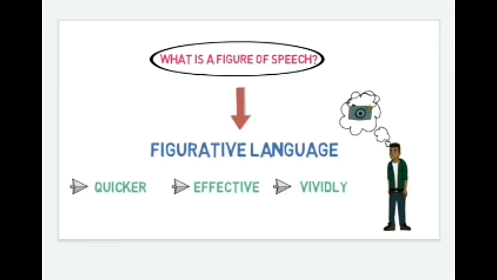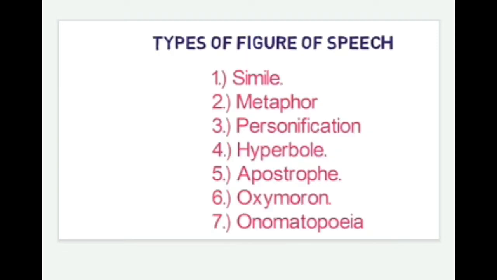There are 7 types: simile, metaphor, personification, hyperbole, apostrophe, oxymoron and onomatopoeia. So these are the 7 main figures of speech.